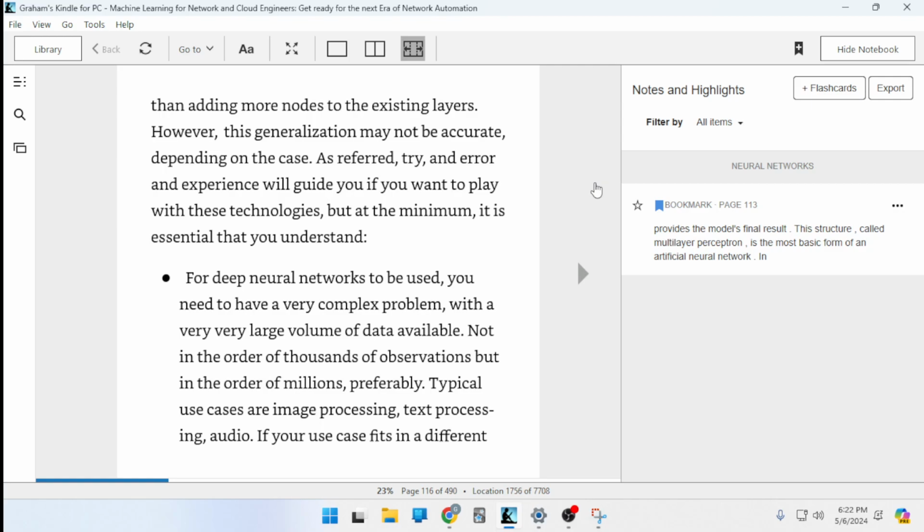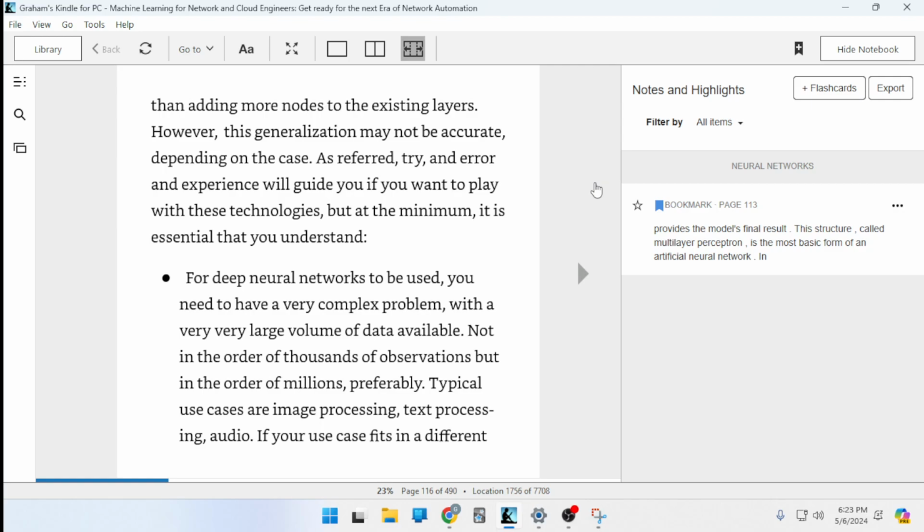But at the minimum, it is essential that you understand for deep neural networks to be used, you need to have a very complex problem with a very, very large volume of data available. Not in the order of thousands of observations, but in the order of millions, preferably.